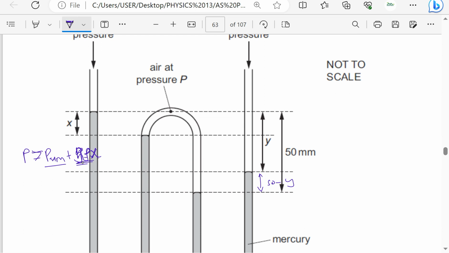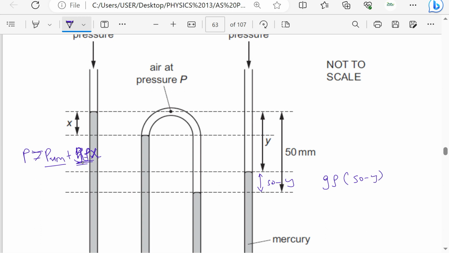So the pressure due to this height is going to be G times the density of mercury times the difference in height, which is 50 minus y.